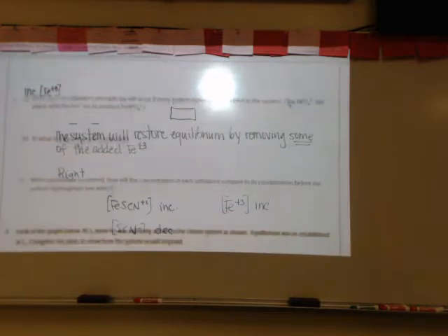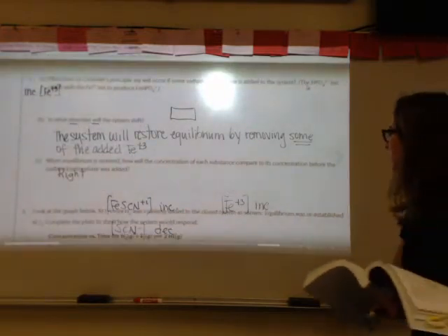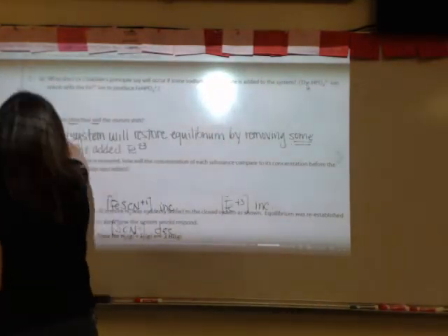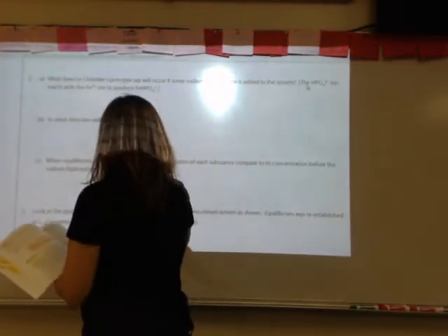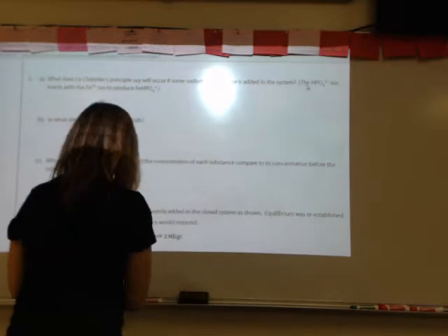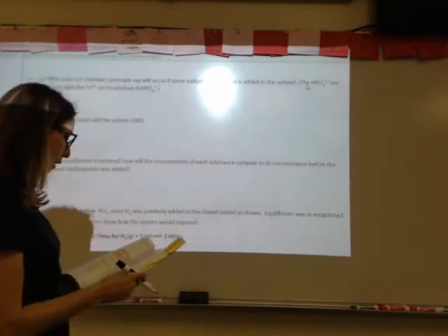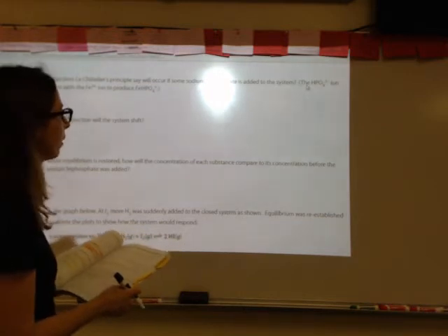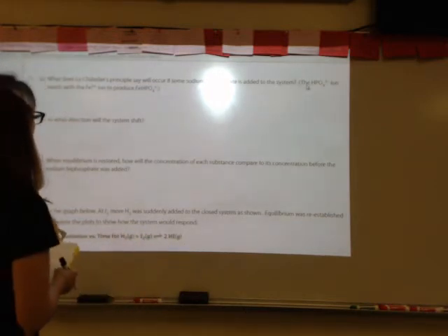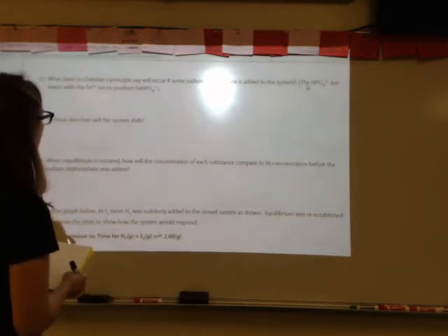Let's take a look at number 2. What does Le Chatelier's principle say will occur if some sodium biphosphate is added to the system? The biphosphate ion reacts with Fe+3 to produce FeHPO4.